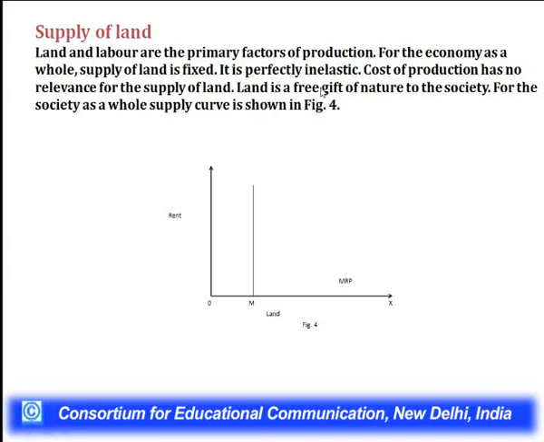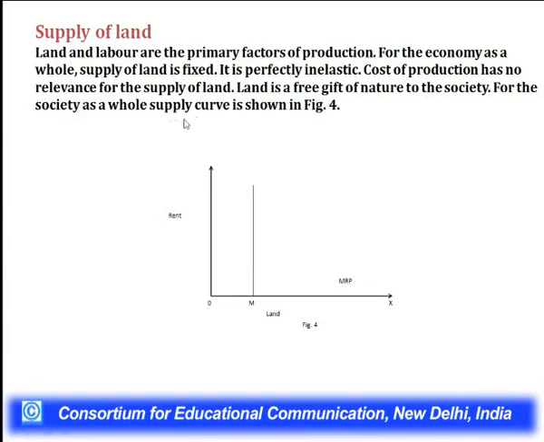Land and labor are the primary factors of production. For the economy as a whole, the supply of land is fixed. It is perfectly inelastic. Cost of production has no relevance for the supply of land. Land is a free gift of nature to the society.